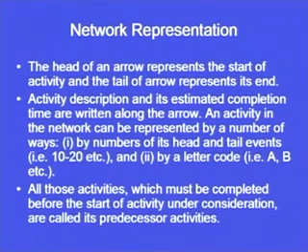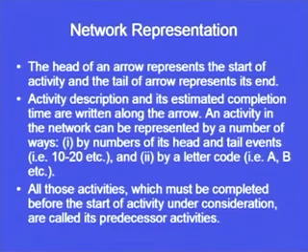Those networks we will see, but what we are presently trying to understand is the representation of the complete logic of the project in the form of a network diagram. The complete project is there, activities are there, how those are getting represented in the form of a network diagram, that we are trying to understand here.